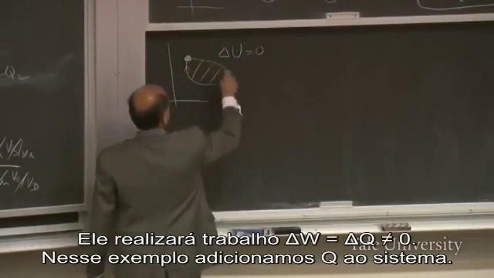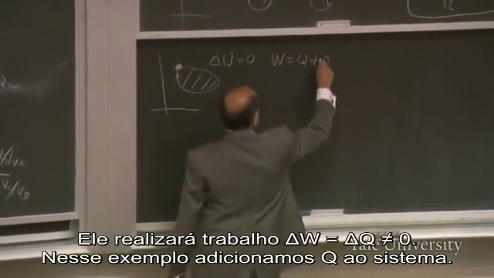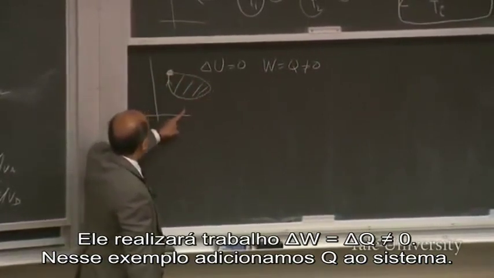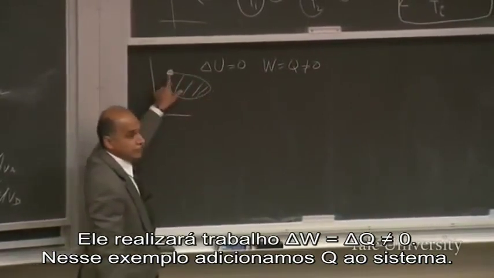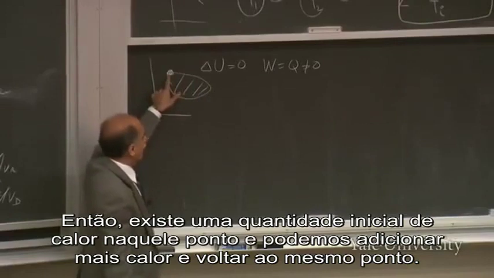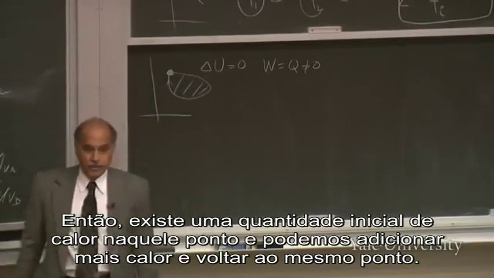This is the work done. Therefore, the work done is equal to the heat, and it's not 0. So in this example, you would have added heat Q to the system. So if there is some notion of how much heat is there in the beginning, you got that plus the Q that you added. And yet you're back to where you are.